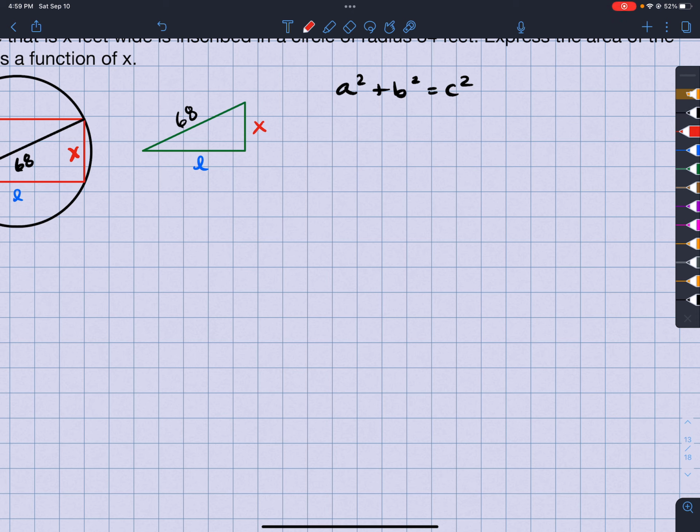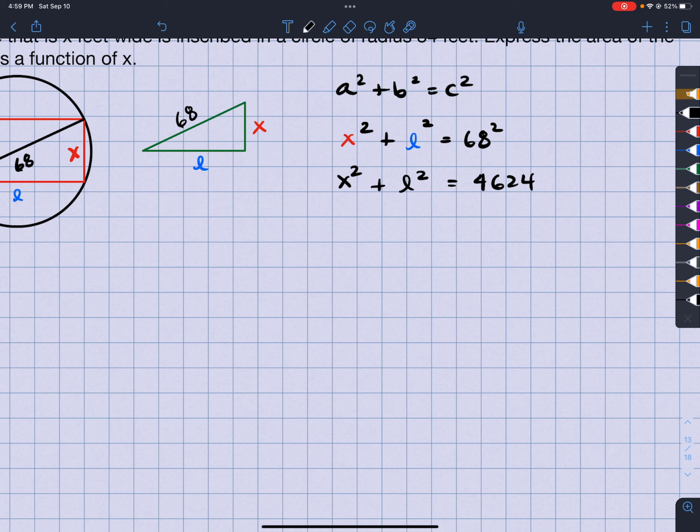I have x squared plus the length squared is equal to 68 squared. What is 68 squared? So I have x squared plus L squared is equal to 4624.